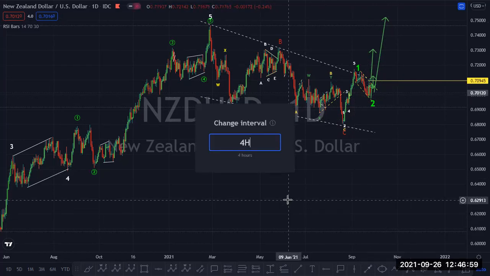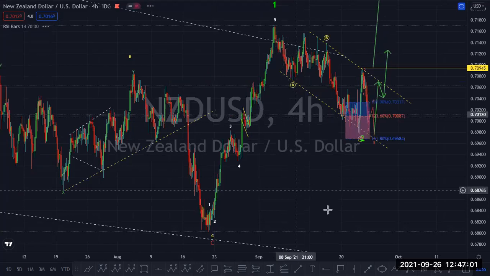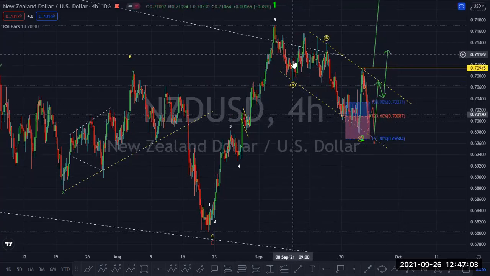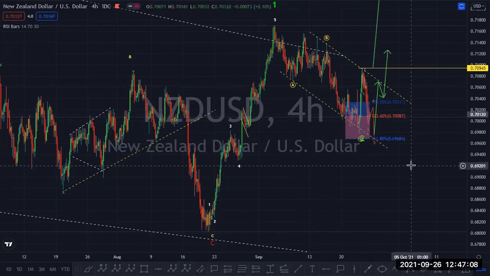Let's see 4 hours. On 4 hours, we can see it is clearer here: A, B, C, or maybe WX1. So now after that, we are at the level of buying. Let's see 1 hour.